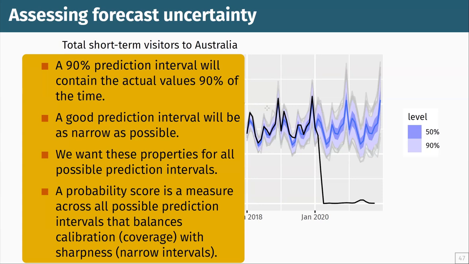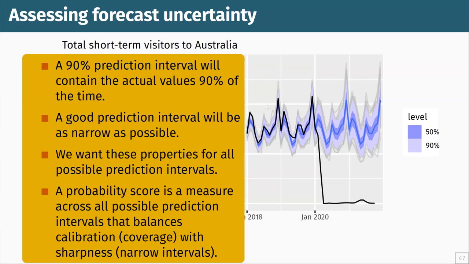And so it balances these 2 things, and it comes up with a numerical score. And you try to minimize that score. And if you've come up with some intervals that have a better score than some other set of intervals, then in principle they're better intervals because they're both calibrated and sharp.